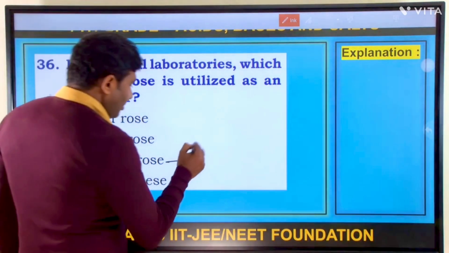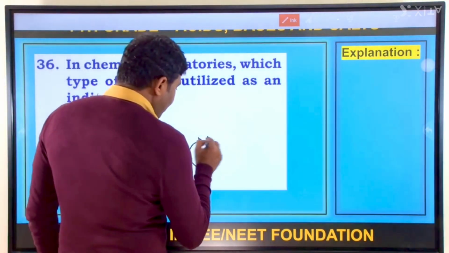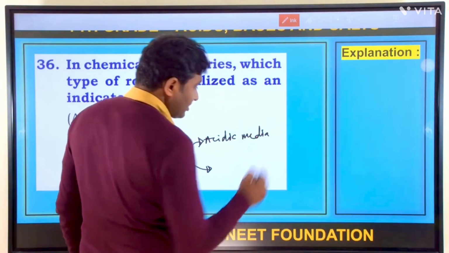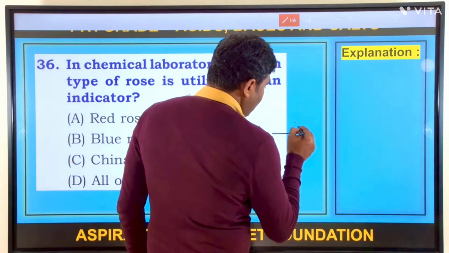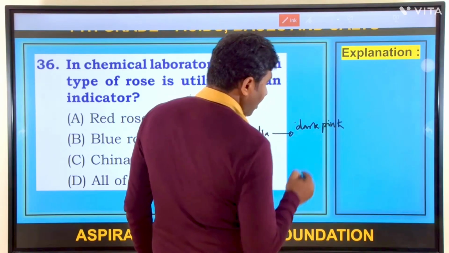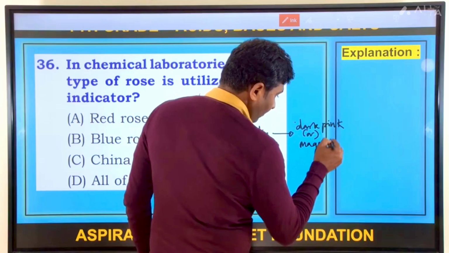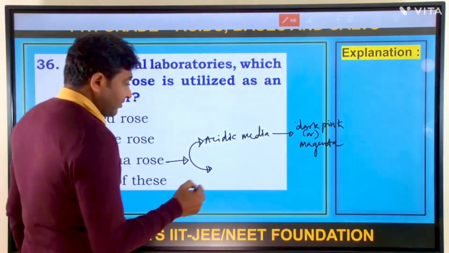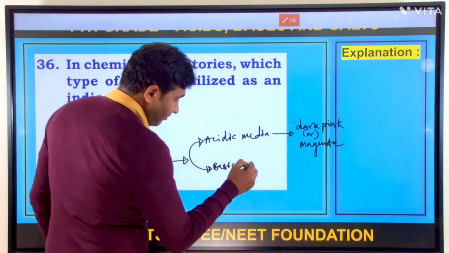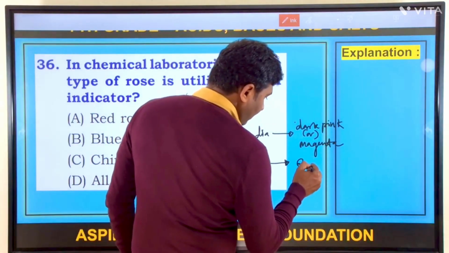Because China rose is generally red in color, and in acidic media it gives dark pink or magenta color, and in basic media it gives rise to green color.